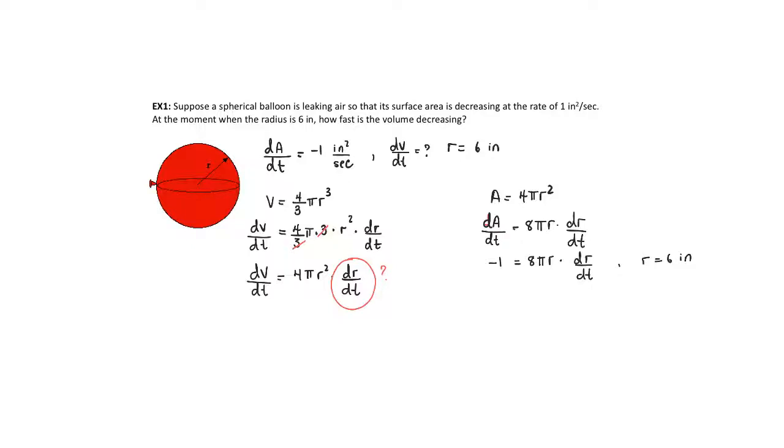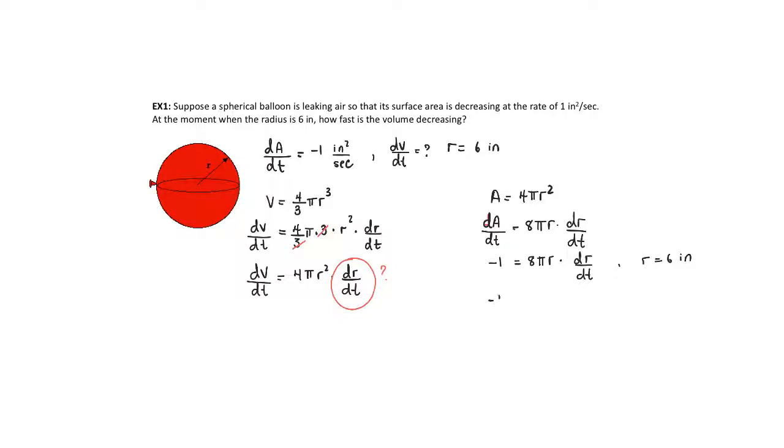Now, my advice is for you not to rush to substitute r before differentiating. You always want to differentiate first and then substitute the given radius. This is always the practice with related rates problems. First differentiate and then substitute values for the radius, for example.